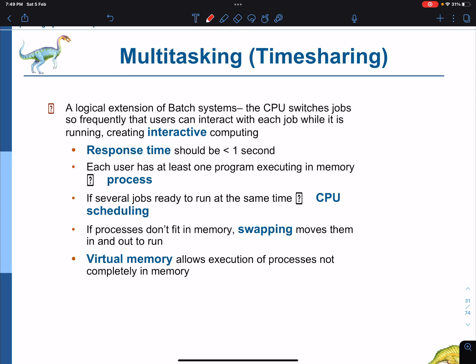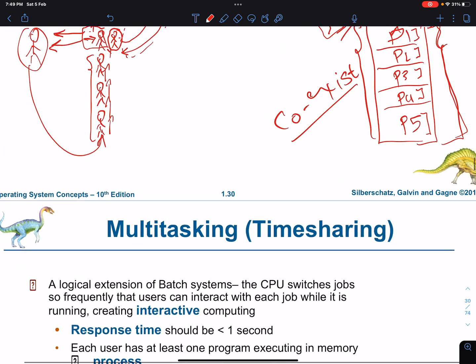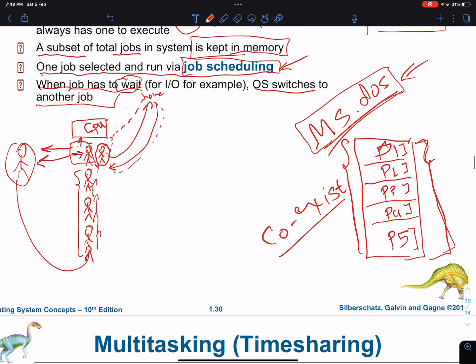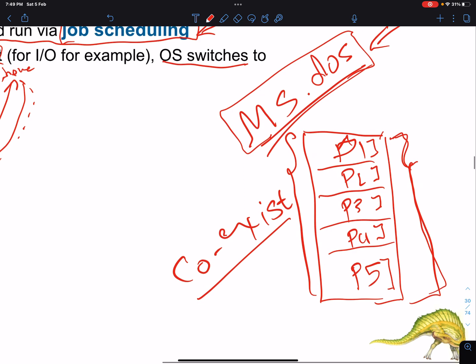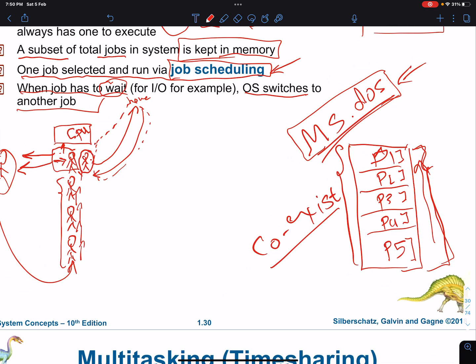Now we have multitasking. Before I talk about multitasking, multi-programming is called a batch system. Usually those kinds of jobs are executed in order, first come, first serve. The thing is, the whole job is executed fully, and then the next one, and then the next one, and so on.